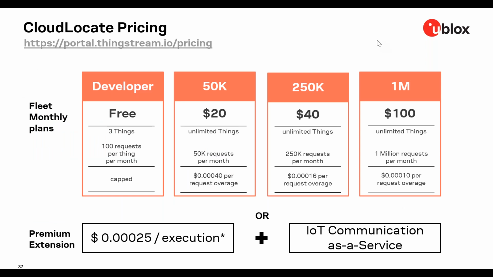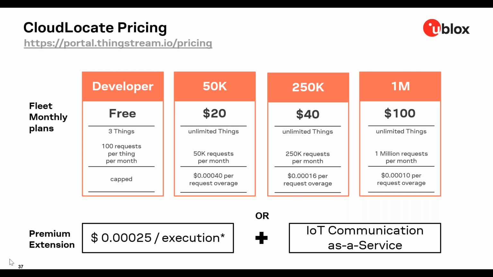So the last slide is dedicated to something that is very important for the service, that is the pricing. First of all, you see that the pricing is public. There is the link at the top of the slide, so you can see it at any time.